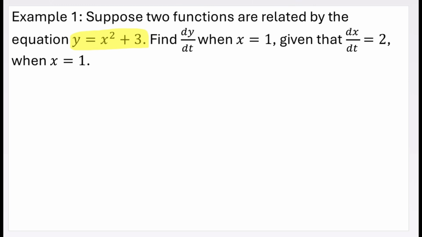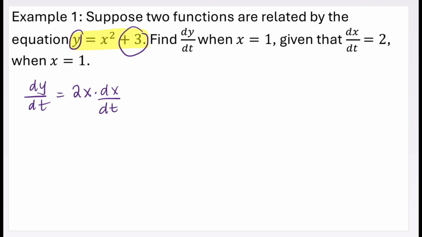When I first find the derivative of y here, the derivative of y is going to be 1 times dy/dt. So I'm technically finding the derivative of every single term. So it'll be 1 times dy/dt, or you can just write dy/dt. And then the derivative of x squared is going to be 2x times dx/dt. And the derivative of 3 is just going to be 0, so that term is going to disappear.